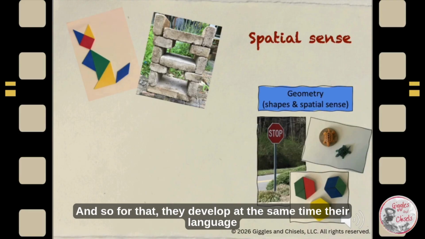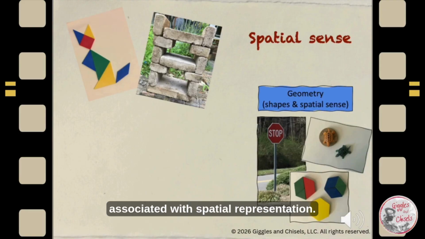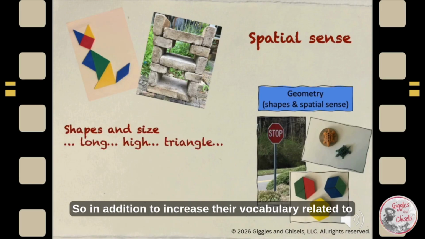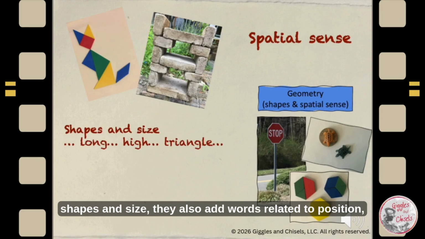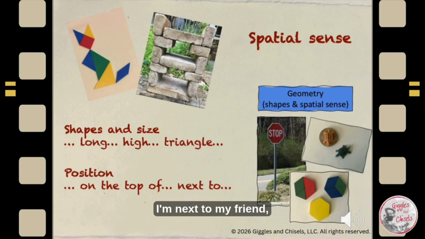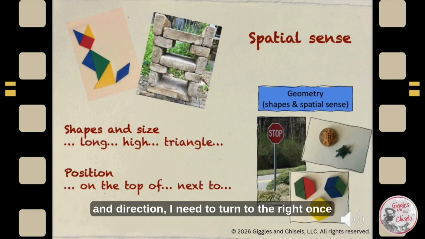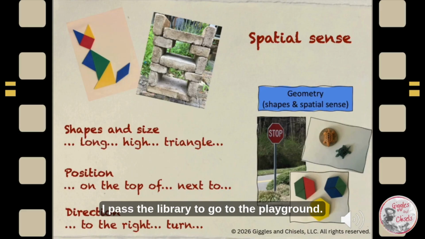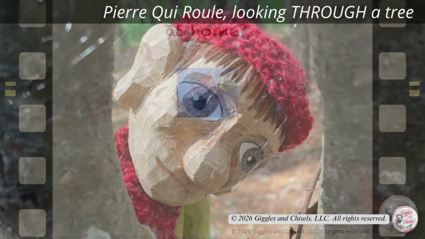For that, they develop at the same time their language associated with spatial representation. So in addition to increasing their vocabulary related to shapes and size, they also add words related to position: I'm next to my friend, my book is on the top of the shelf, and direction: I need to turn to the right once I pass the library to go to the playground.